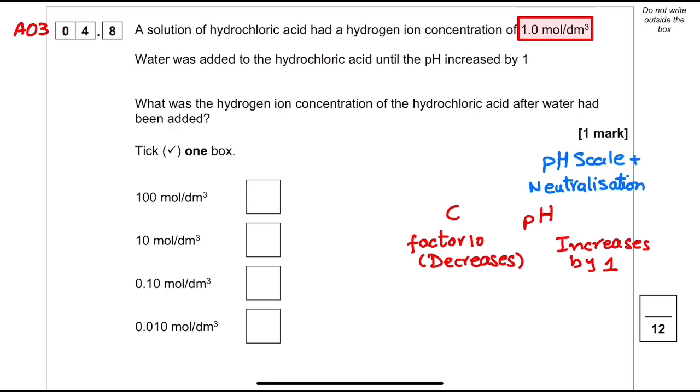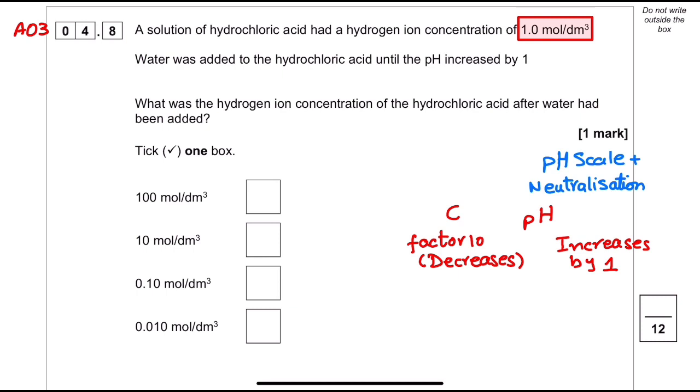Whenever the concentration is changed, the pH value is either increased or decreased by 1. The relation is given here. The concentration is increased or decreased by a factor of 10, and the pH will increase or decrease by 1. The initial concentration is given as 1, and we know that the pH increases by 1, so it means the concentration is reducing.